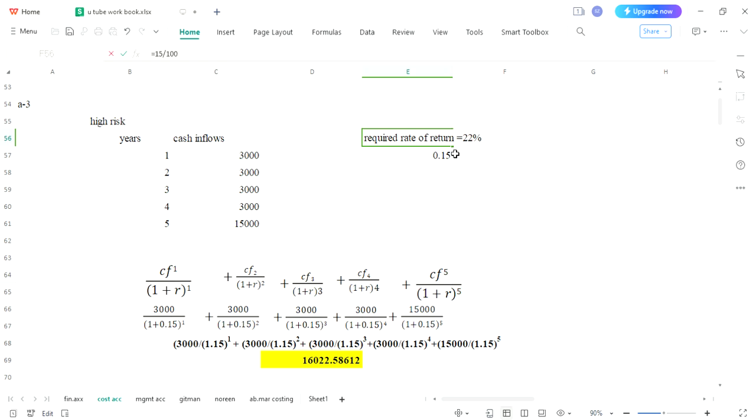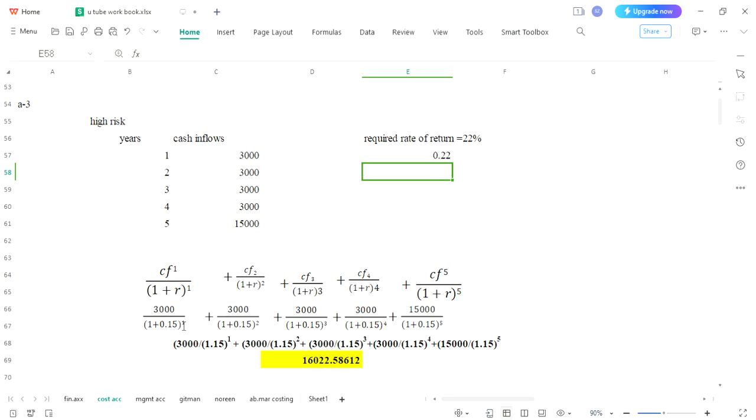For 22 we will calculate it as percent. 22 would be divided by 100. Instead of this 15, we will write 22. It means instead of 0.15, we will be writing it as 0.22. 22 divided by 100, 0.22.